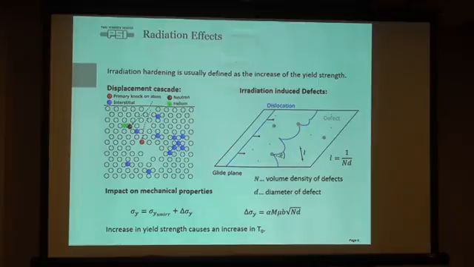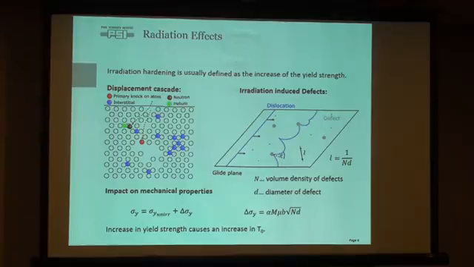After a certain time, they will form vacancy loops or interstitial loops. And these are creating defects. This has, of course, an impact on the mechanical properties. If you have a look here on the right-hand side, it represents a glide plane. To move a dislocation through this glide plane, it takes a certain stress.